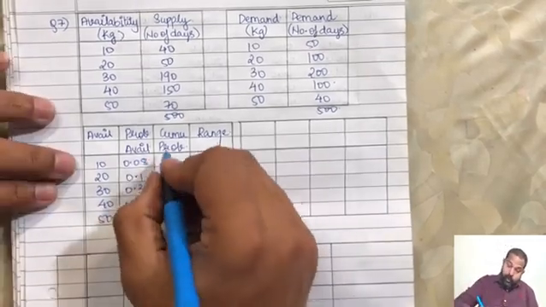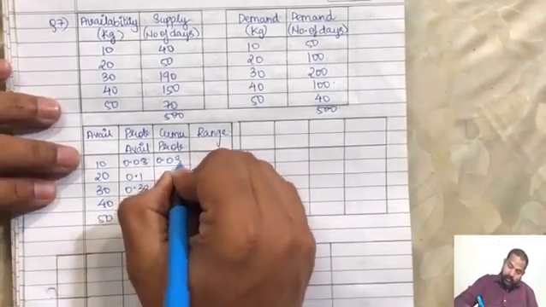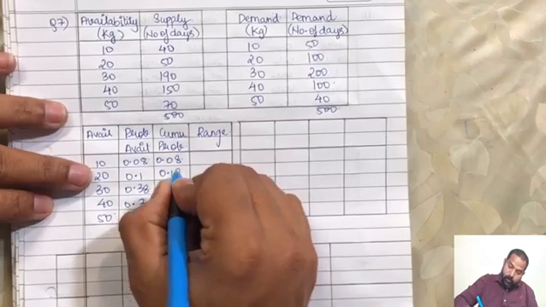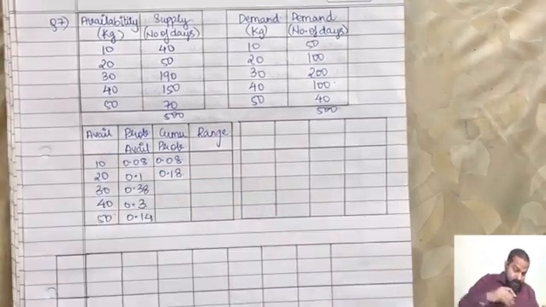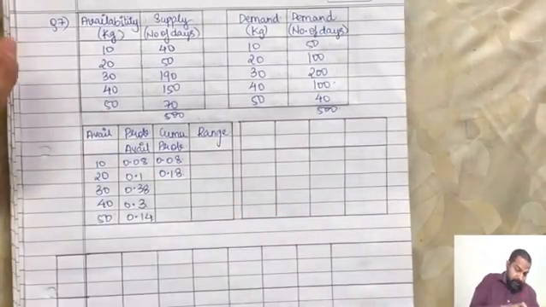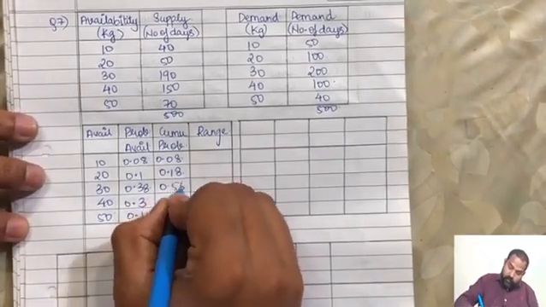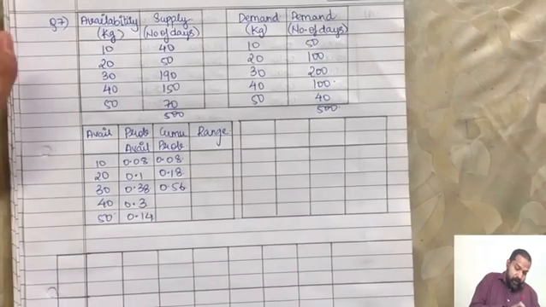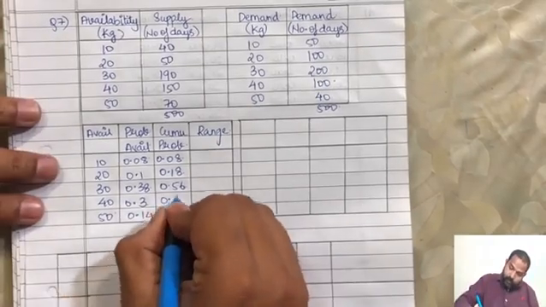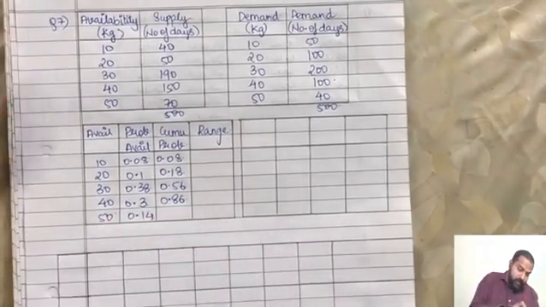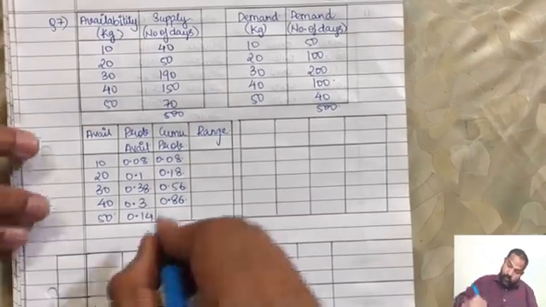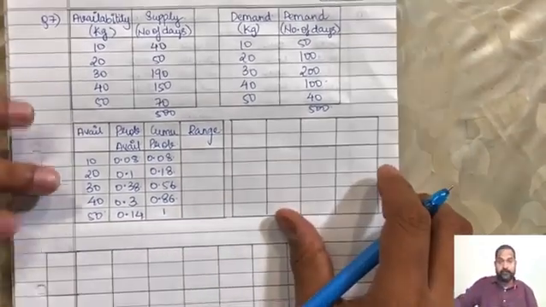Perfect. Cumulated: 0.08 plus 0.1 is 0.18, plus 0.38 is 0.56, plus 0.3 is 0.86, plus 0.14 is 1. Perfect. Range.